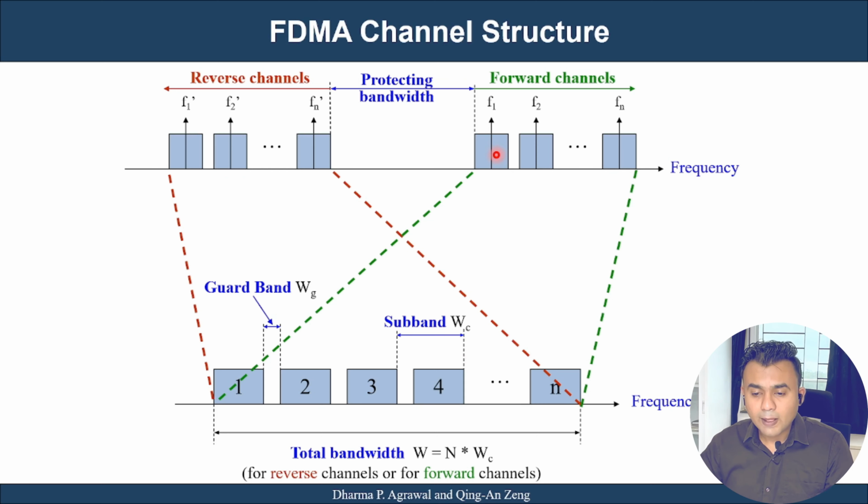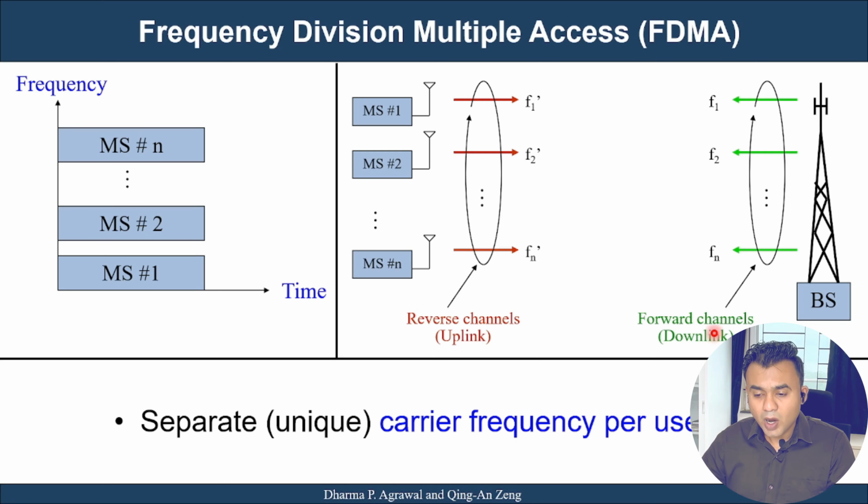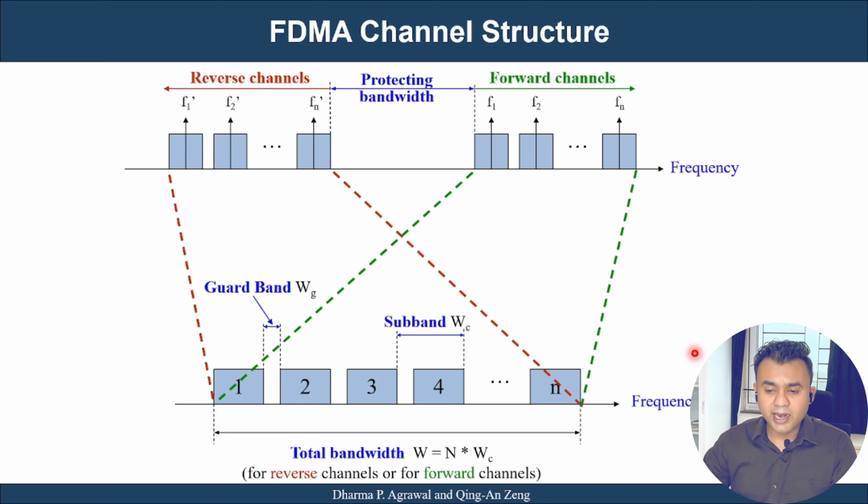Whereas this particular range of frequencies is allotted as forward channels, which are f1, f2, and so on, to establish the communication between base station and mobile station in the downlink direction. And to avoid interference between two channels, we provide specific guard bands between the two channels. So this is called the guard band.